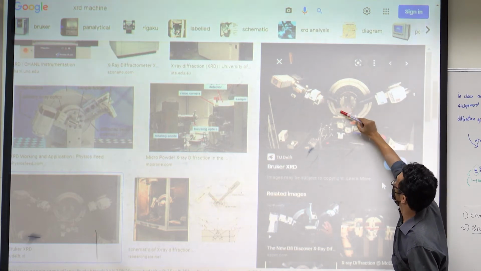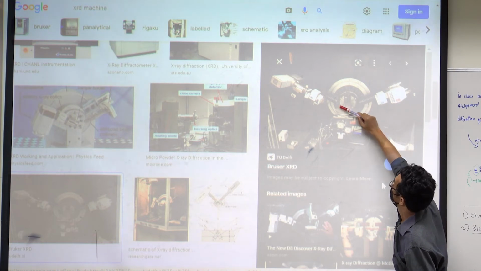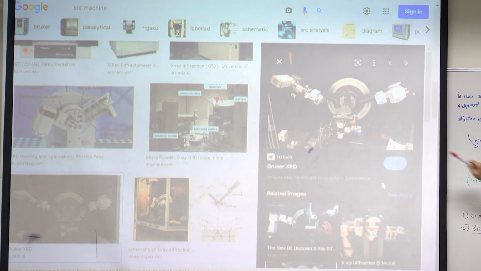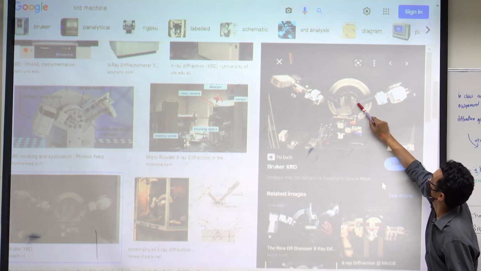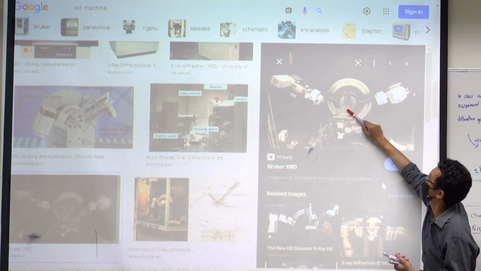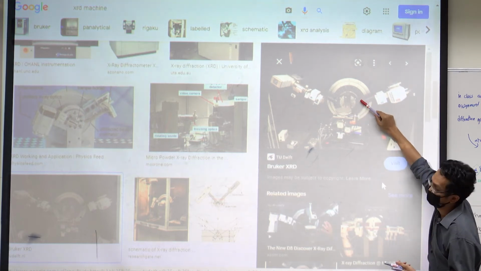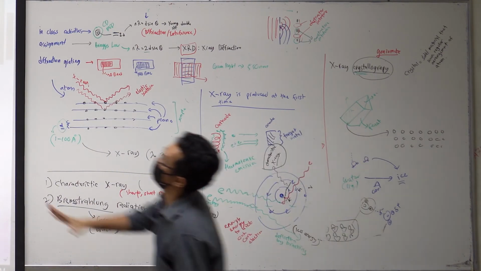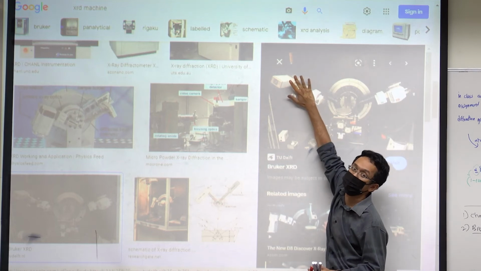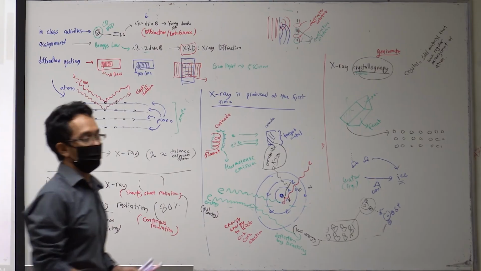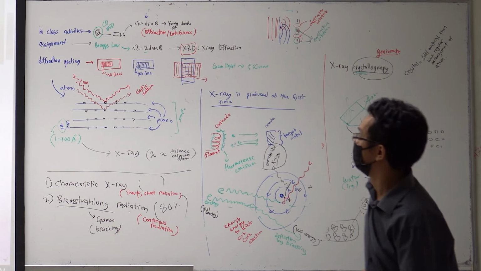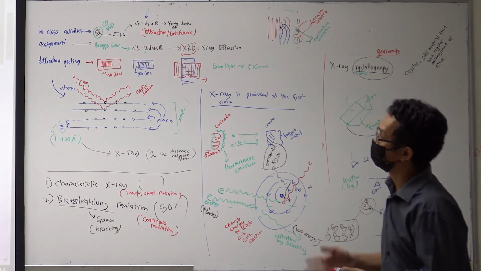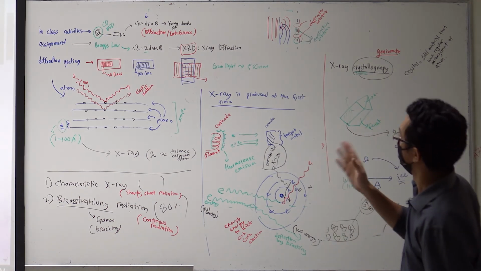This is your sample, and because of elastic scattering, it is exposed to this detector. The filament and target metal are both inside here. That is basically X-ray diffraction.